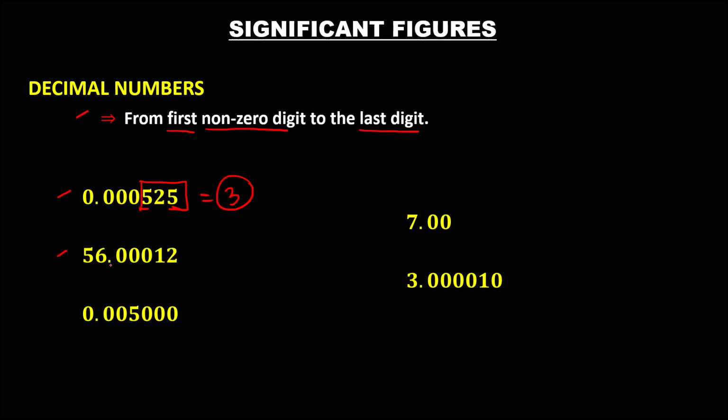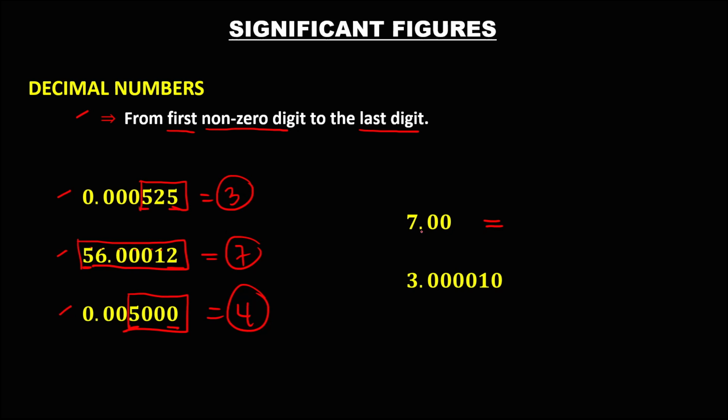And for this given, this one is decimal, so from the first non-zero digit to the last, there are 7 significant figures. And for this given, this one is decimal, so from the first non-zero to the last, there are 4 significant figures.